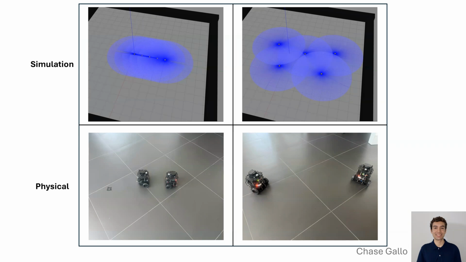And the same thing with our physical robots, although we did not have 5 TurtleBots to test this on, we did use 2, and we were able to specify a distance of 0.8 meters in this case. We measured, and they each separated by roughly 0.8 meters, but we could also change that if we desired.